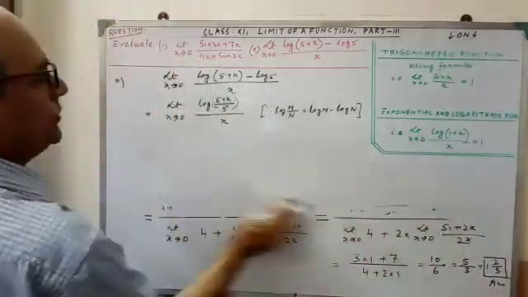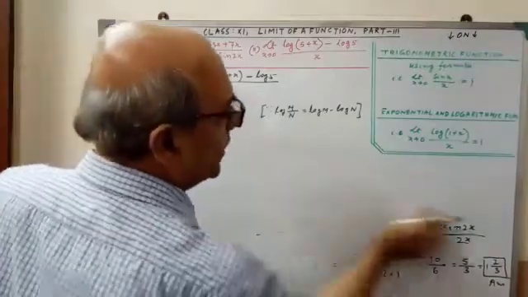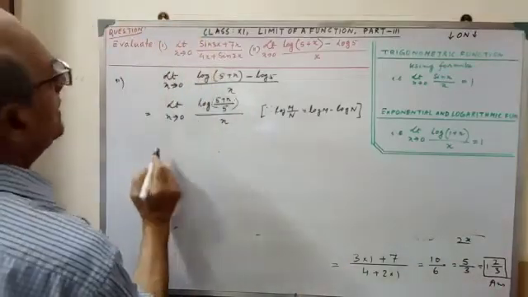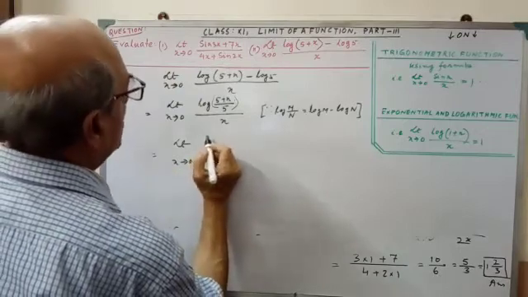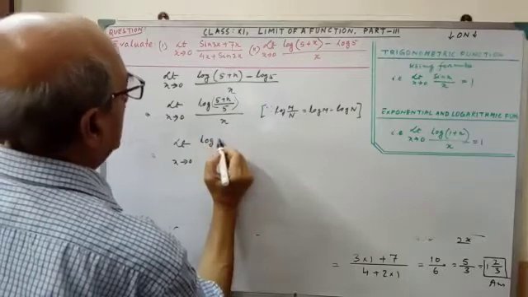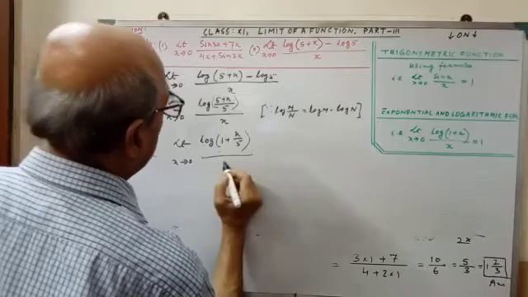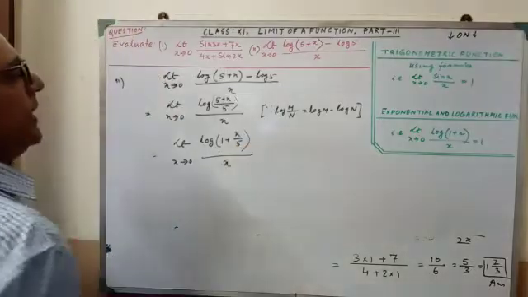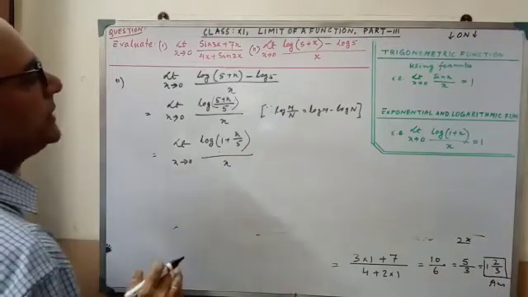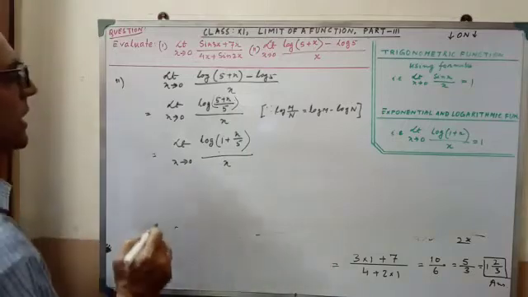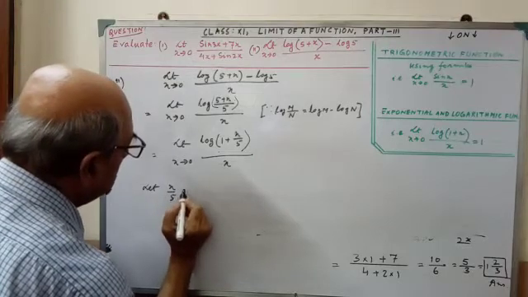Now we have to simplify more for getting the frame of the formula. See, limit x tends to 0 log of (5 by 5, that is 1, plus x by 5) divided by x. This is x by 5. Instead of this, if I simplify, then we may get the frame of the formula. So let x by 5 equal y.